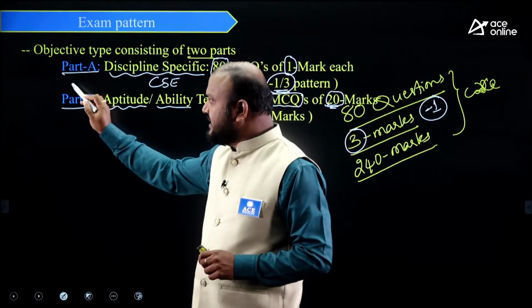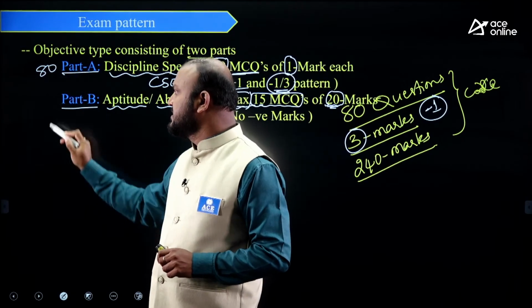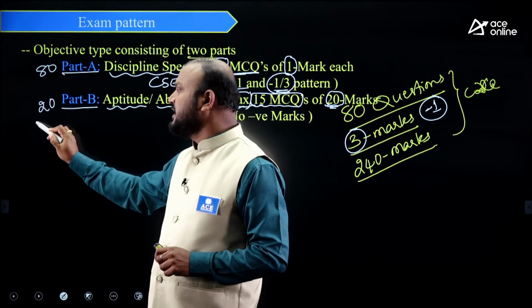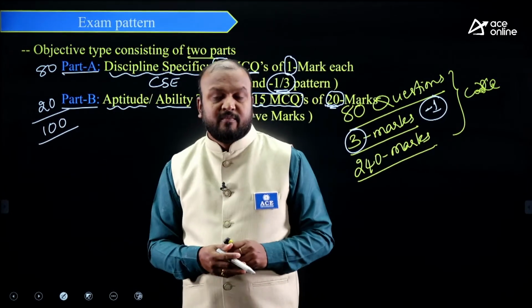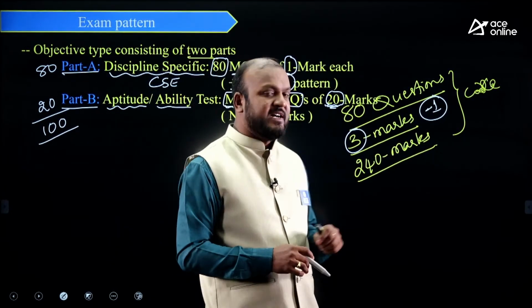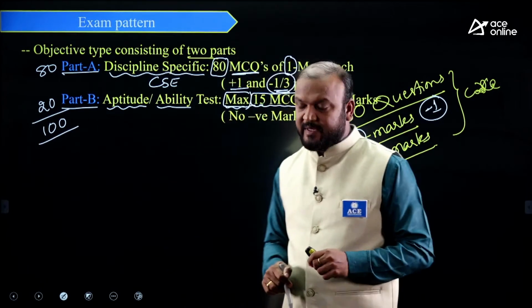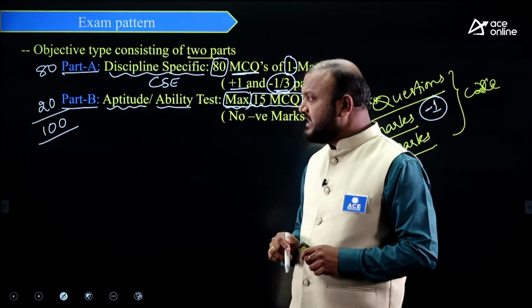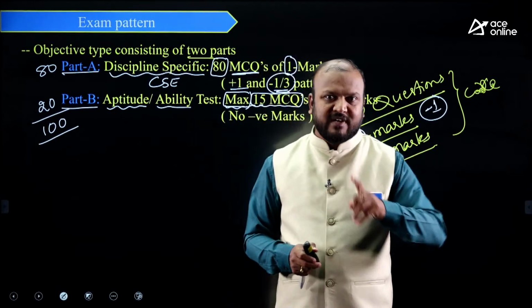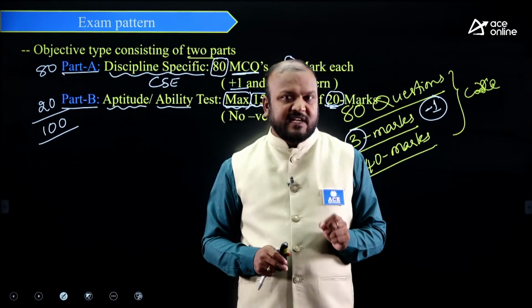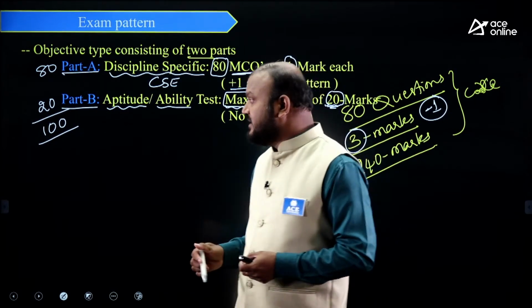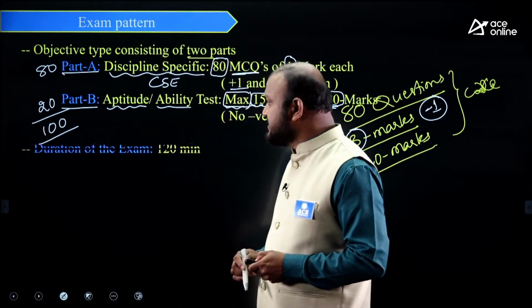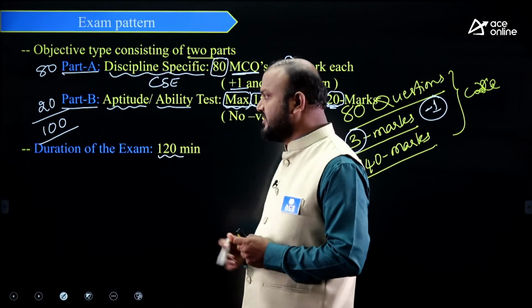Means part A is for 80 marks, part B is for 20 marks, and it is a total of 100 marks paper. Previously it was a 240 marks paper, now it is a 100 marks paper. And because each question is given 1 mark, this time definitely we can assume the questions are simple. And the duration of the test is 120 minutes.